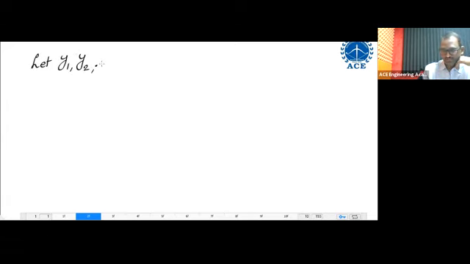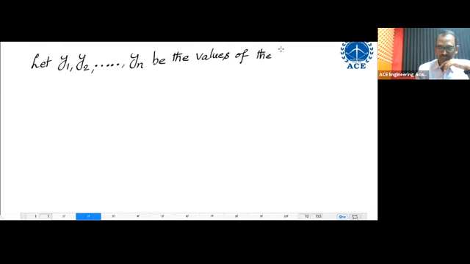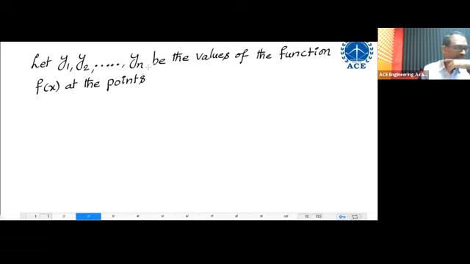Let y1, y2, and so on yn be the values of the function f of x at the points x0, x1, and so on xn.